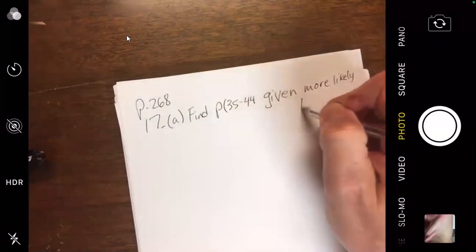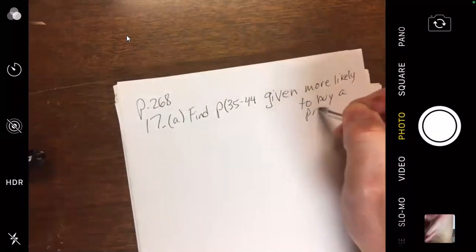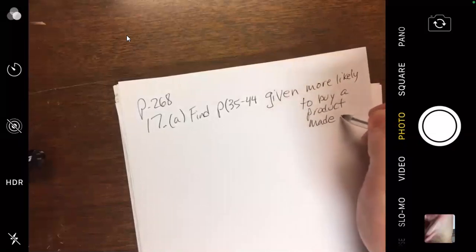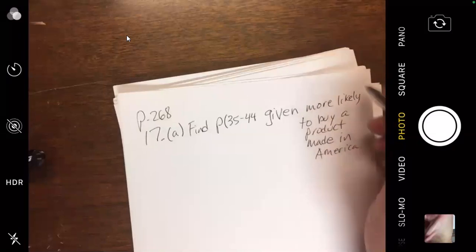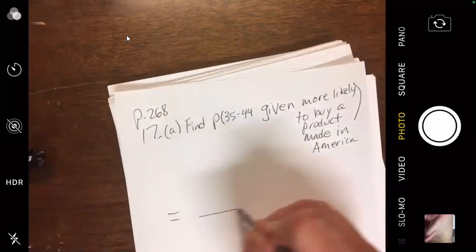It's supposed to be more likely, L-I-K-E, to buy a product made in the good old US of A, America. All right, well, once again, it's going to equal a fraction.